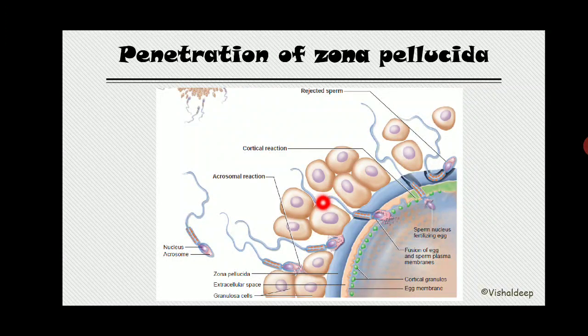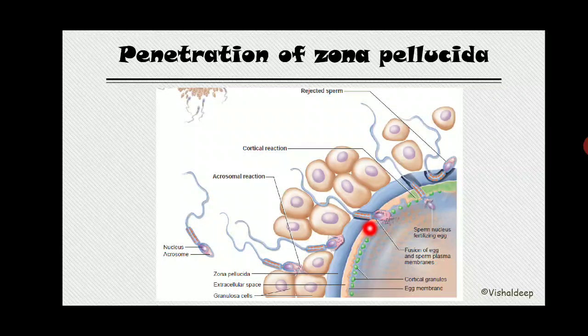So these are the granulosa cell layers. This blue color is the zona pellucida, and this yellow colored region is the space situated between the zona pellucida and the actual oocyte membrane, known as the oolemma.